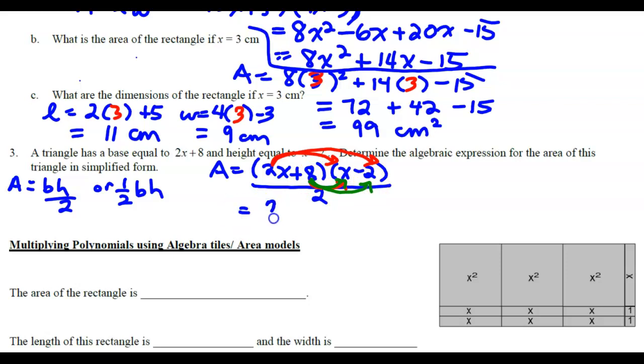That would be 2x squared minus 4x plus 8x minus 16. Now collect like terms on those middle terms. The negative 4x plus 8x are like terms.